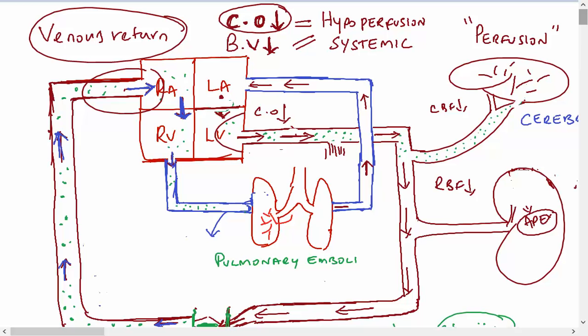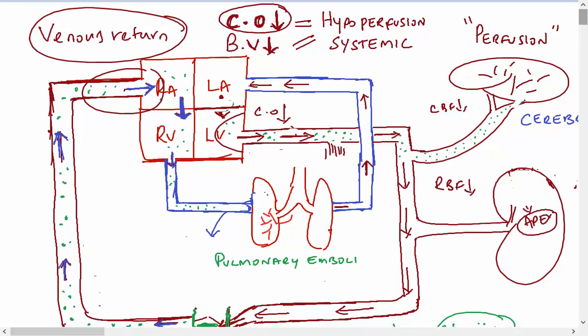This is the first step that happens in burns. So when there is a shift of fluid from the blood to the interstitium, what will happen? The blood volume goes down. These are the three best examples for reduced blood volume. That is called hypovolemic shock.